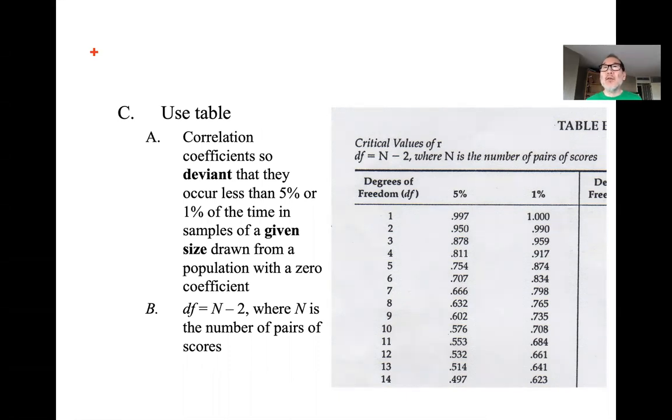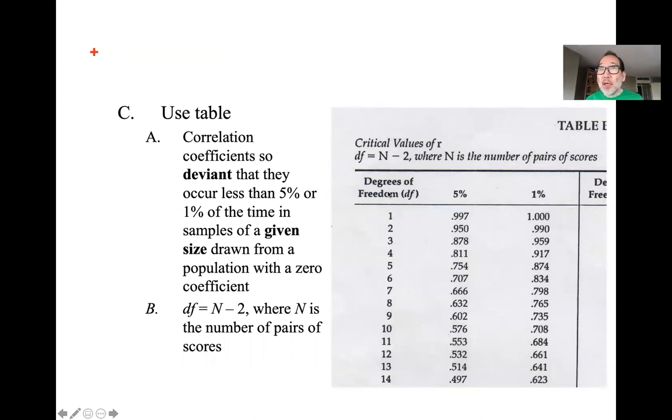Now, critical values means the threshold you have to surpass, the value you need to exceed. Your correlation is a value, right? It'll say correlation 0.86. Does that value surpass the critical value or cutoff? Is it higher than the critical value? So how do you determine what the critical value is?